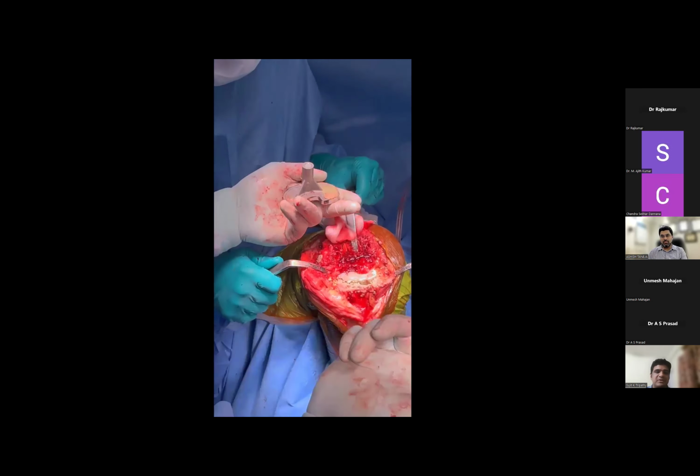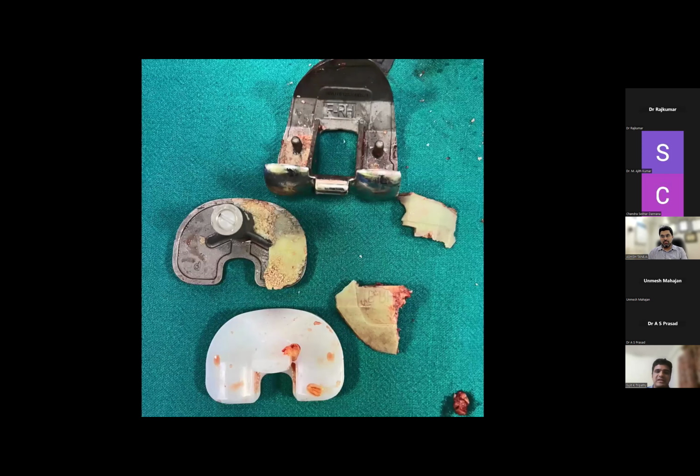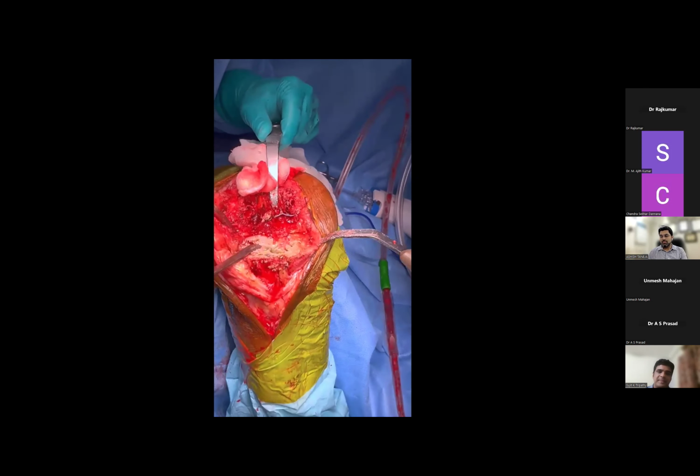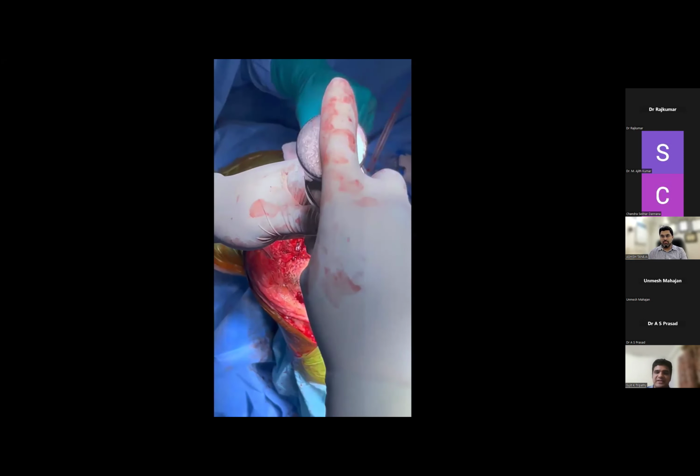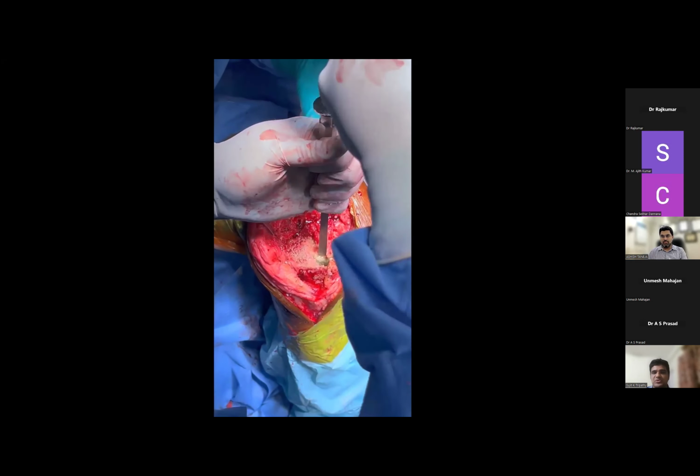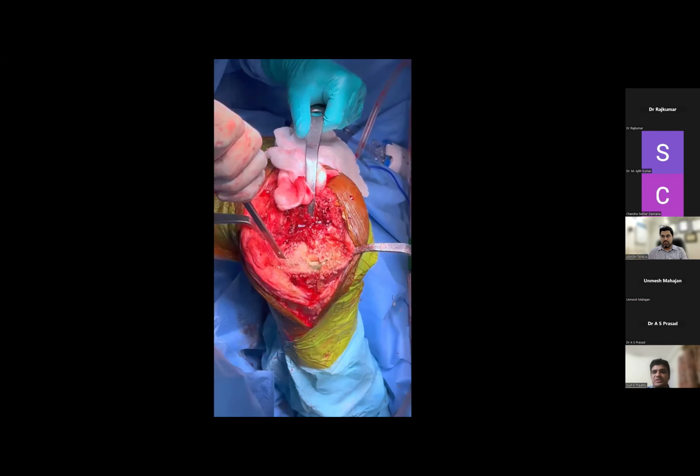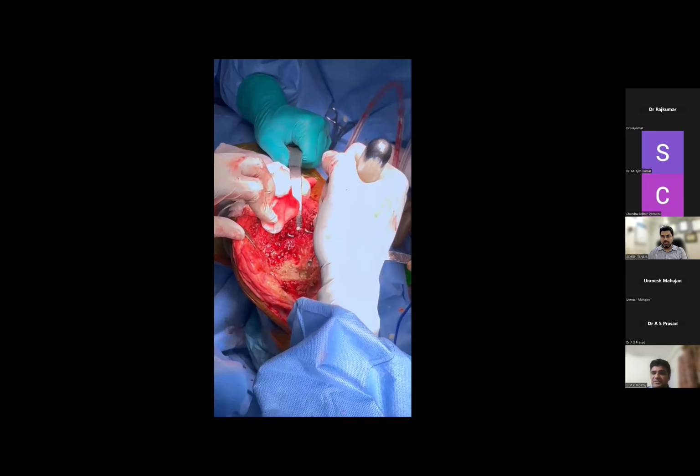Once the component comes out, you can see that there is very minimal bone loss, and this is how the whole component comes out with very minimal bone loss. Then you need to remove all of the cement, and with a chisel or small osteotome, remove the plug also on both the sides, particularly on the tibia side.